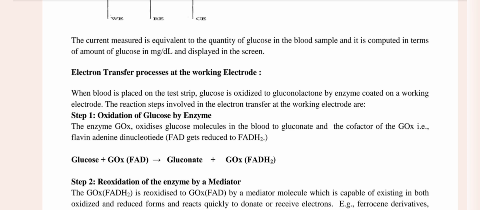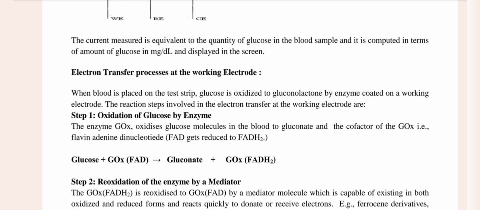Generally every enzyme consists of a cofactor. There are different types of enzymes, such as simple enzymes, coenzymes, etc. A simple enzyme only consists of the enzyme part. If it is a coenzyme, then it consists of a cofactor. Here glucose oxidase is an enzyme that consists of the cofactor FAD, flavin adenine dinucleotide.